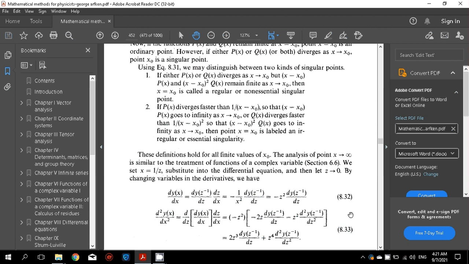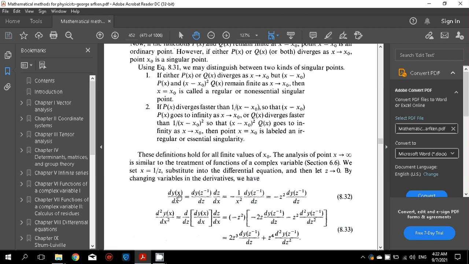Or it can be some finite constant. But if we have to look at whether our point x naught is now infinity, then we have to put x is equal to 1 over z in our differential equation, so that we can look at the behavior as x naught tends to infinity.